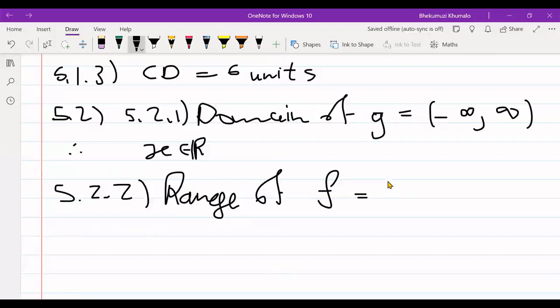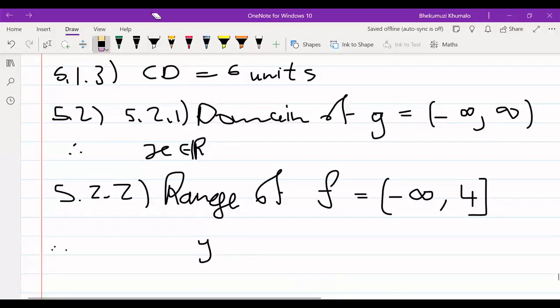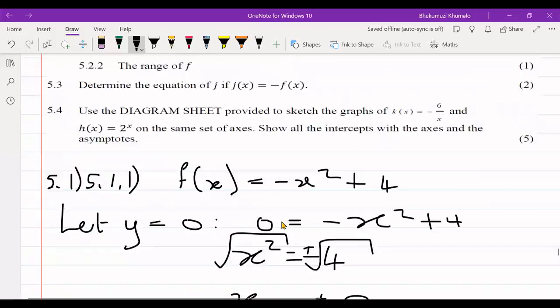The minimum starts off at negative infinity, and the maximum stops at 4, but 4 is included. So in set builder notation, we could write it as y, our y values, that are less than or equal to 4. So anything less than or equal to 4 is basically your range. Simple as that.